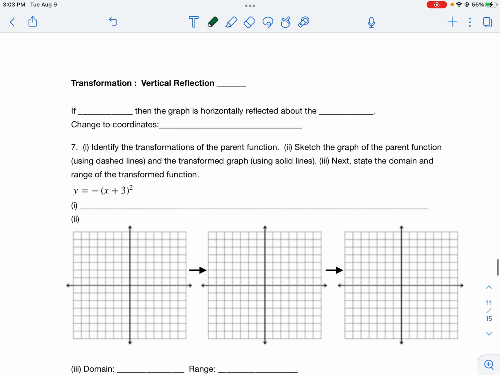Our last type of transformation we're going to learn is, or next to last, sorry, is vertical reflection. And this is also determined by the A. And it's written in this transformation form.